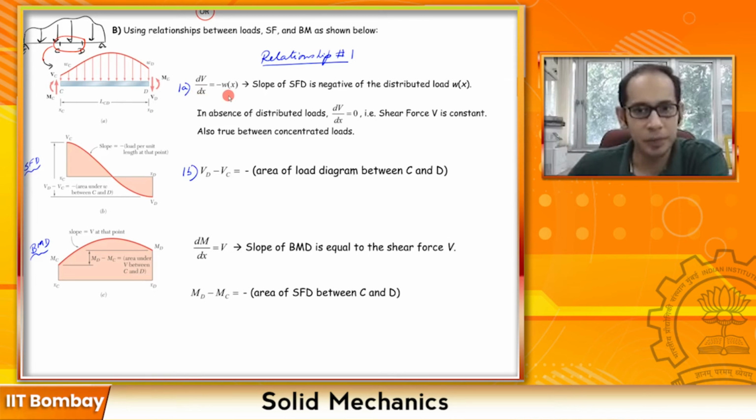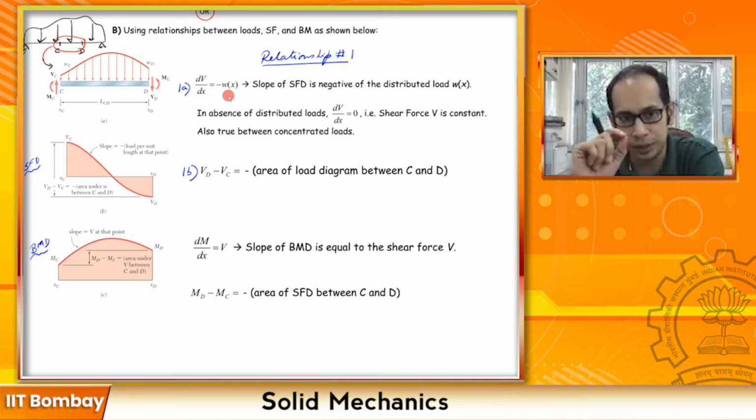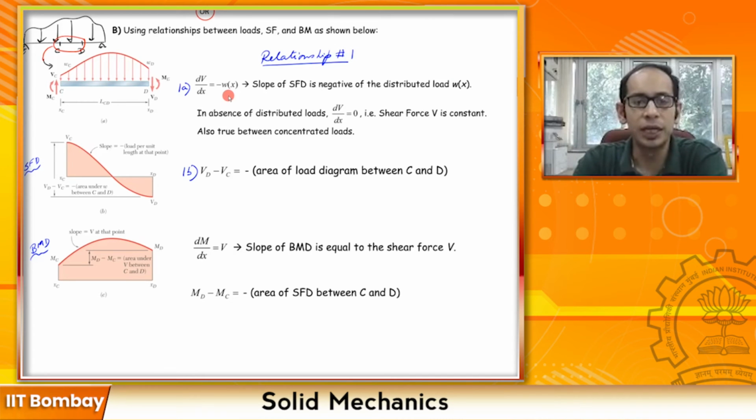Now very important, I noted this in the detailed derivation of these equations, which we did in the previous video, is that you have to bear in mind that this is derived by assuming the load is acting vertically down. If the load was acting vertically up, right, then this would be a positive.